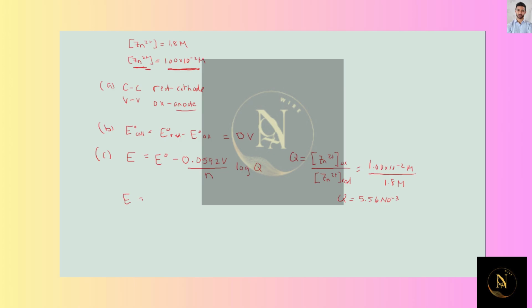So I have E equals 0, because that was my E naught, right? Minus 0.0592 volts over, and since zinc is losing or gaining, depending on the direction, 2 electrons, that would be 2 moles of electrons here, times the log of 5.56 times 10 to the negative 3.